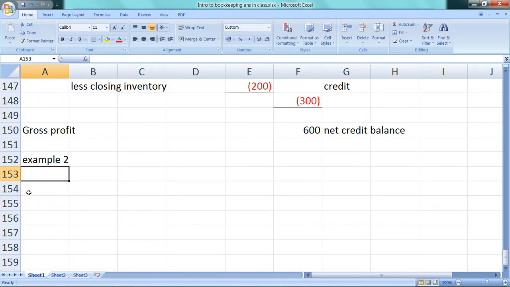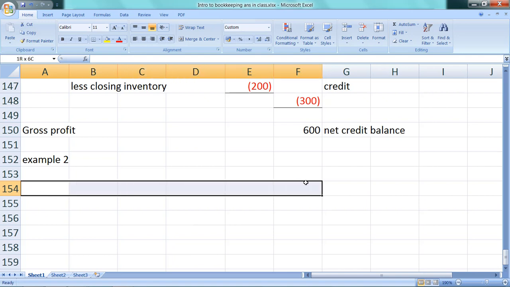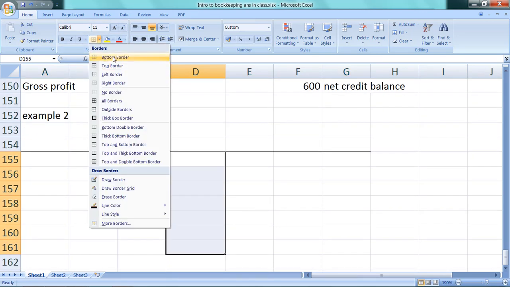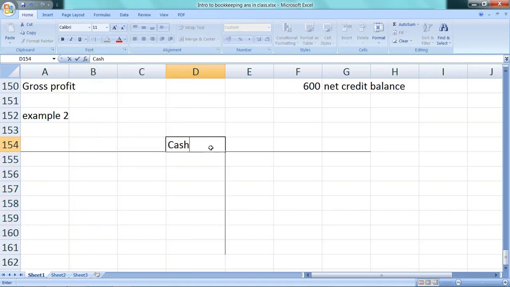So with example number 2, what we've got is a nice big T account. This great big T account is going to be for cash. So it's a balance sheet T account. I've got my debits on the right, I've got my credits on the left.